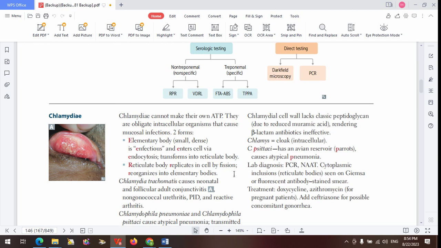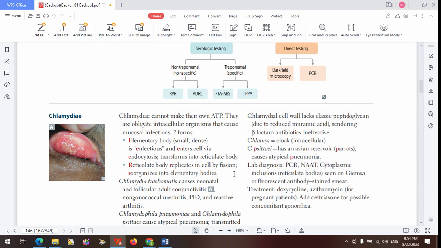And we said again that the commonest cause of reactive arthritis is which organism? Chlamydia is the commonest cause.